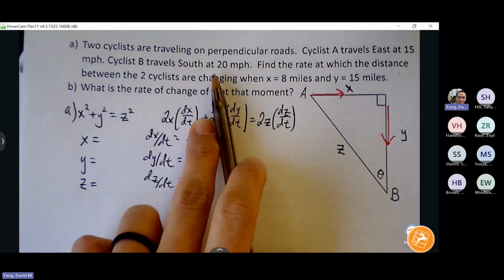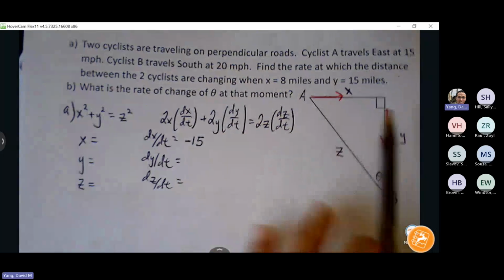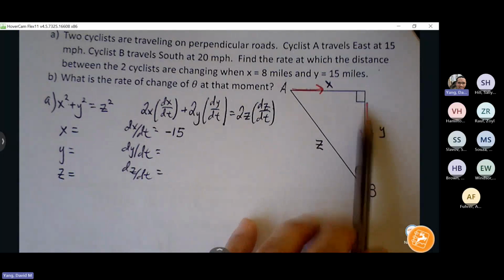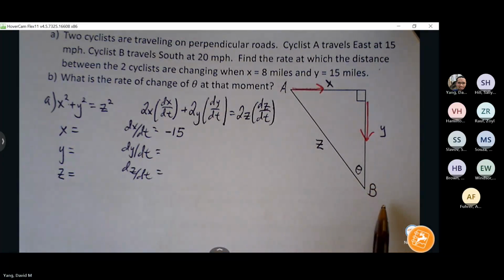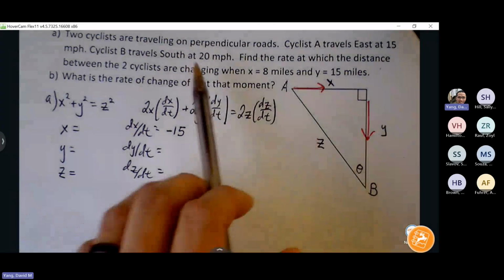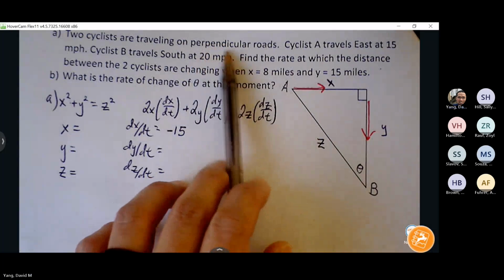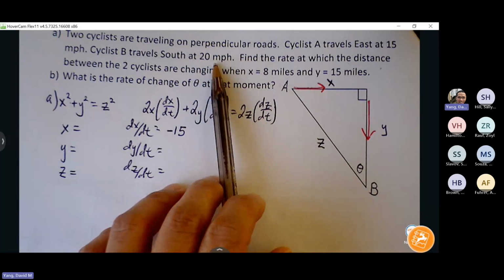Okay, cyclist B travels south at 20 miles per hour. I know here, so what's happening here? What's happening to this length of the triangle? Getting what? Larger. Therefore, dy dt will be positive or negative? Positive. Good.